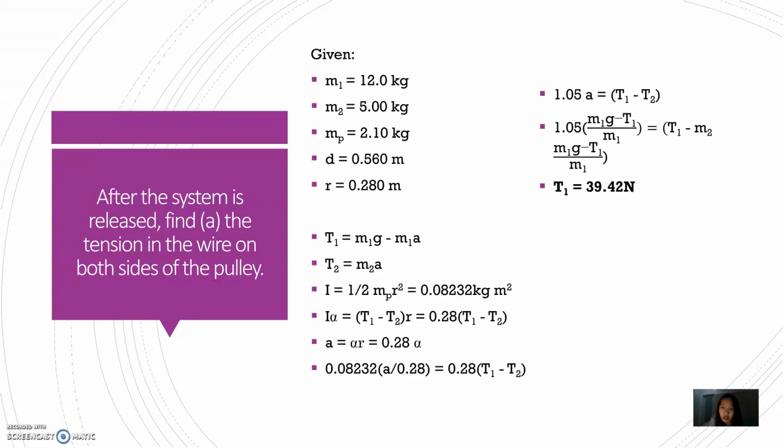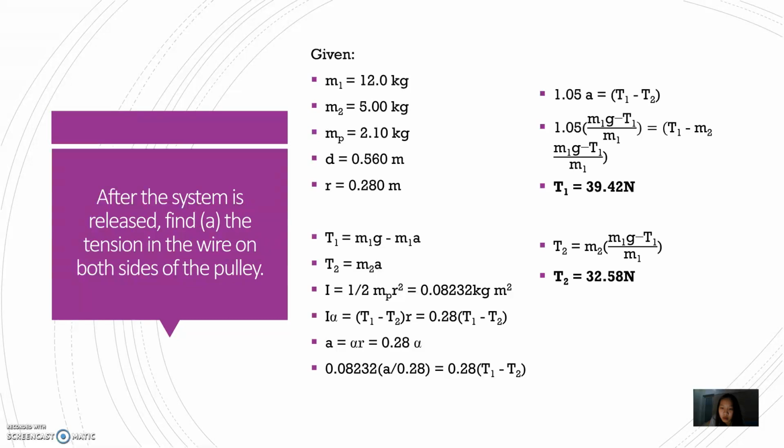Plug in your given values, and by using some basic algebra on the first equation, T1 equals M1G minus M1A, to substitute the formula for A, and you'll get the first tension, which is 39.42 newtons.